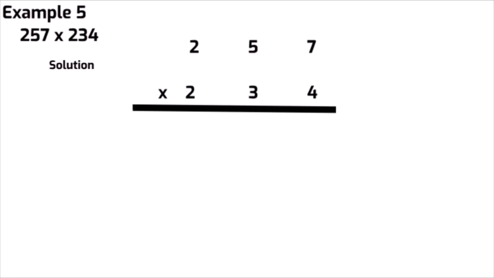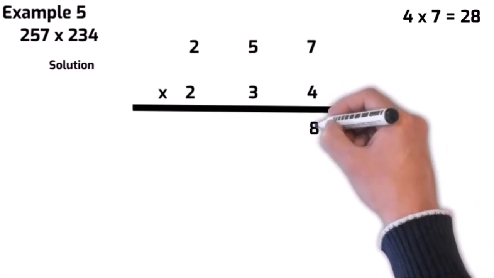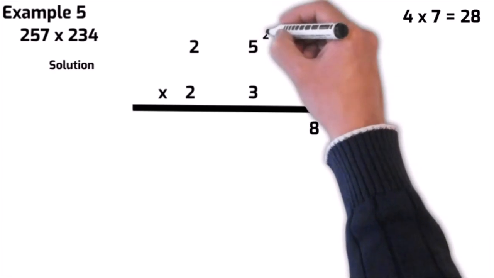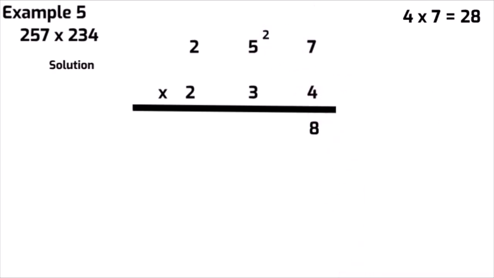First in line is 4. So we say 4 times 7. 4 times 7 is 28. We know the rules. We write down 8 and carry 2 over one step to the left of our multiplicand.